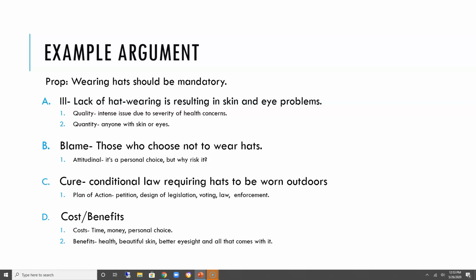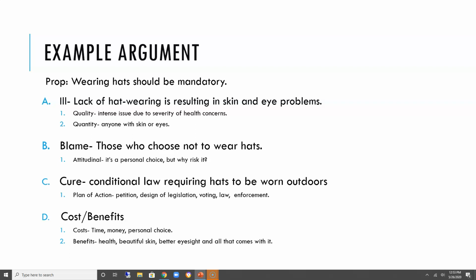Think of something like insurance costs. Do you have any idea how much money we spend on dermatologists, ophthalmologists, and optometrists every year? A significant amount of those costs are due to sun exposure. So you could be saving money, you could have better health, you could have lower health insurance premiums. There are all kinds of ripple effect benefits from this particular argument.